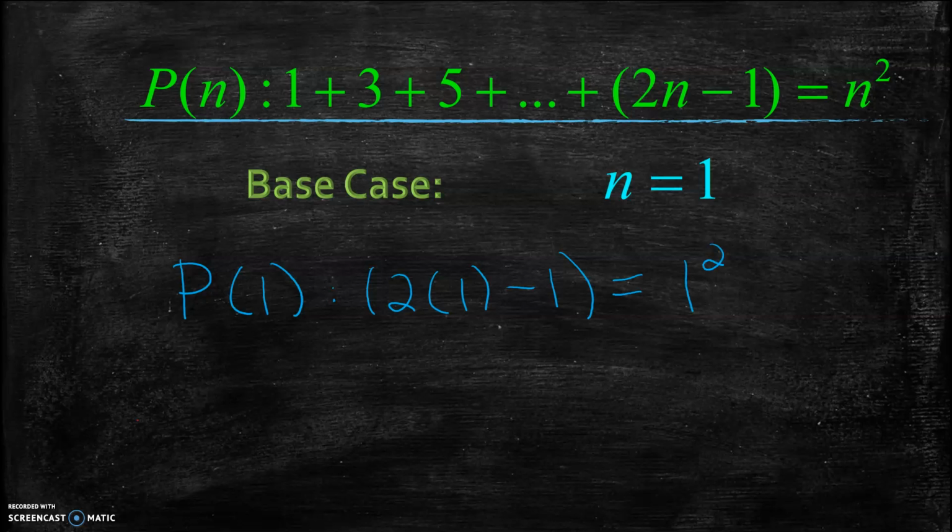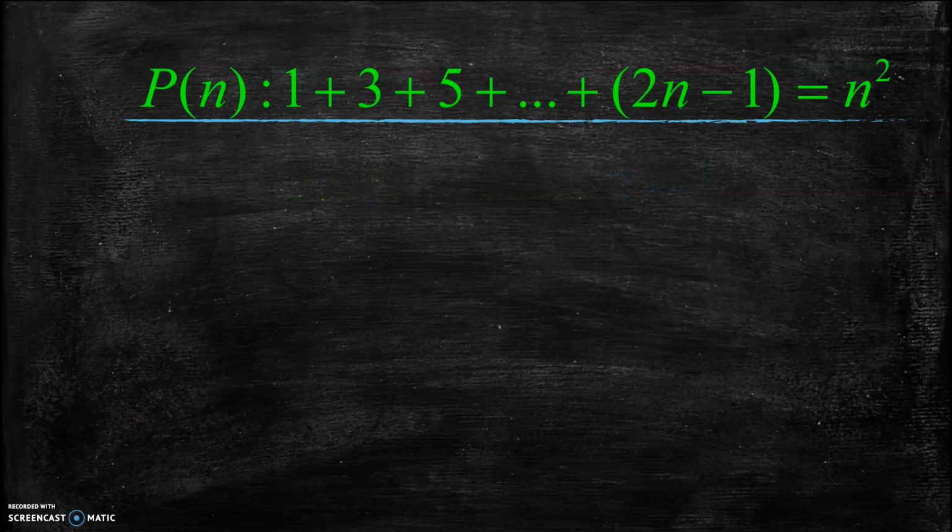On the left, 2 times 1 is 2, minus 1 gives us 1. And on the right, 1 squared is 1. Therefore, base case is proven.